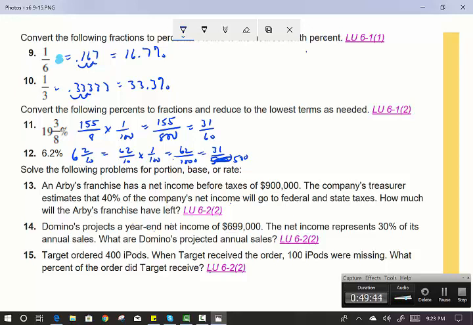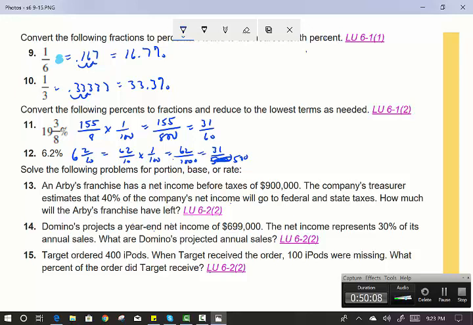Okay, an Arby's franchise has a net income before taxes of $900,000. I guess that would be a gross income before taxes, actually. The company's treasurer estimates that 40% of the company's net income will go to federal and state taxes.